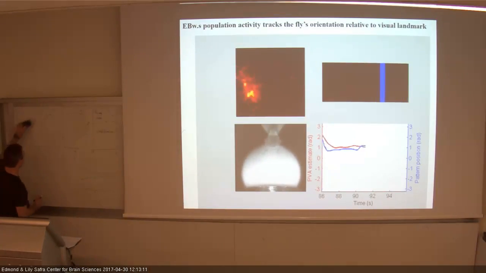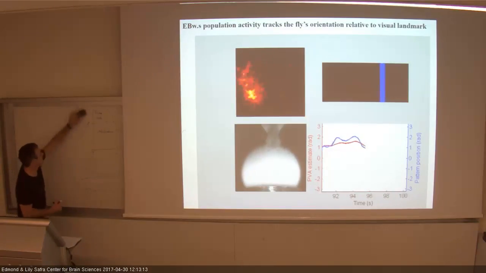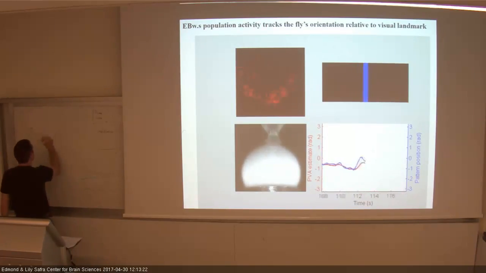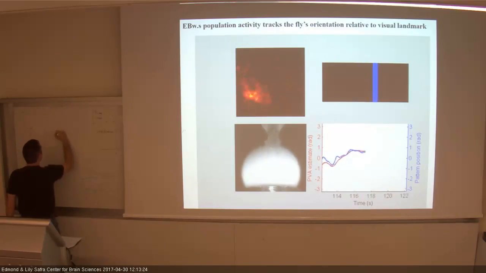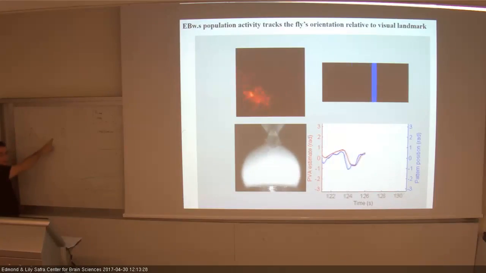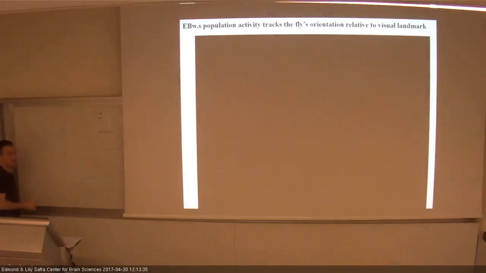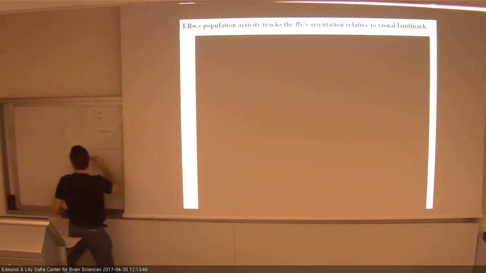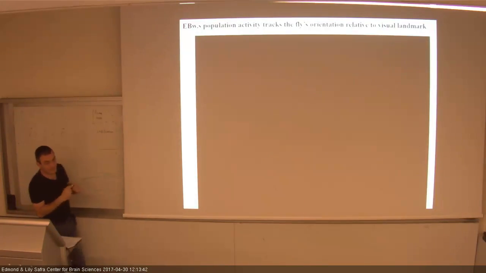I'm sure you'll do it next year, but the idea is that you define a vector R, which is equal to the sum over i of A_i R_i, where A_i is a coefficient that corresponds to the current activity of the neuron, and R_i is the preferred direction. And this is what you measure, the direction of this vector.